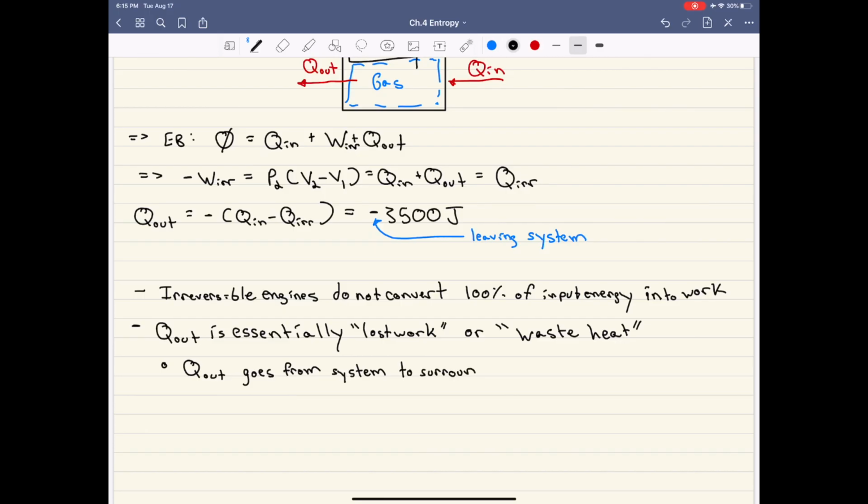If your goal was to make as efficient an engine as possible, you would want to minimize the magnitude of Q out. So if you want to make an efficient engine, you need to minimize Q out.